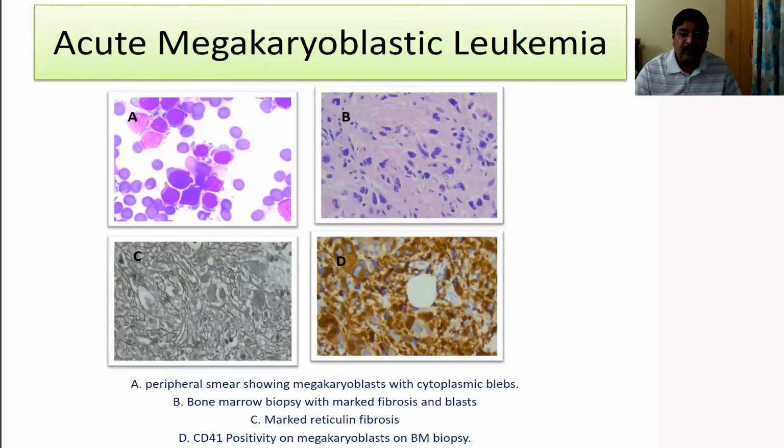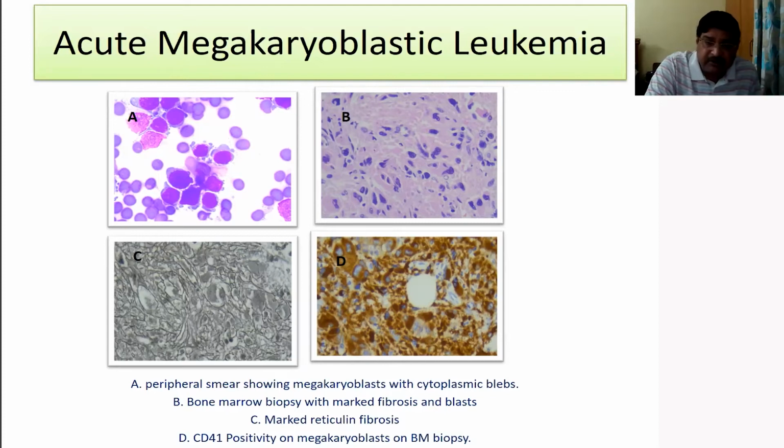Again, when you have the megakaryoblast leukemias, you will have these blasts, which will have a lot of blebbing. As you know, platelets get formed from the megakaryocytic cytoplasm in the form of buds all around it. So even though they are immature, they still retain the budding quality. These are subtle morphologic changes to suspect that there could be megakaryoblastic leukemia. When you see the marrow biopsy, often there will be desmoplasia, a lot of fibrosis.